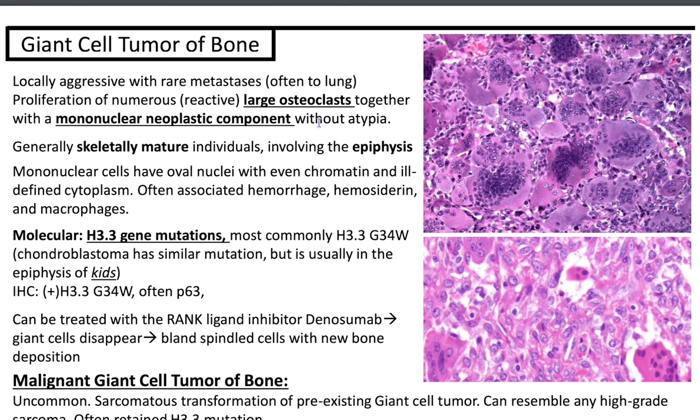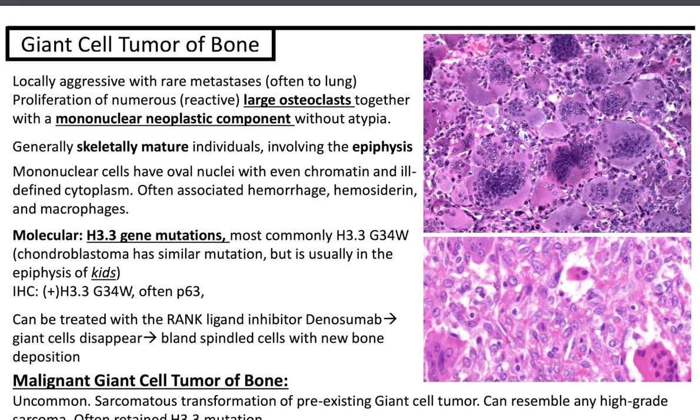You'll have these reactive large osteoclasts together with a mononuclear neoplastic component without atypia. So these giant cells can have more than 50 nuclei, and it's important to know that the tumor cells are the cells in between the giant cells.